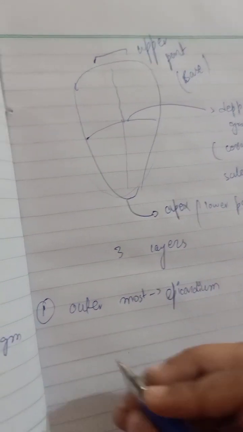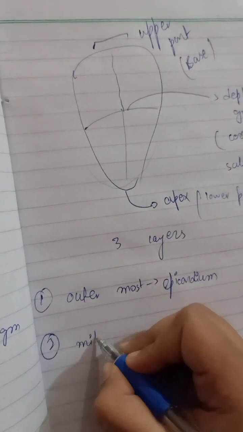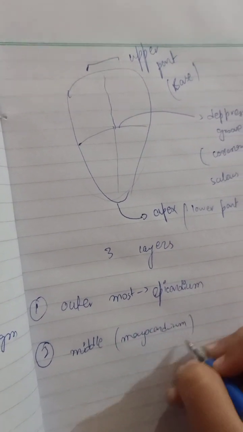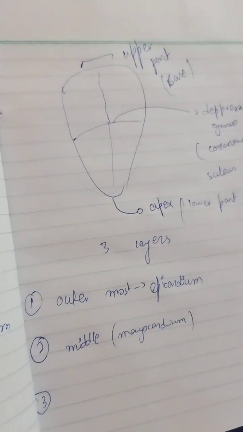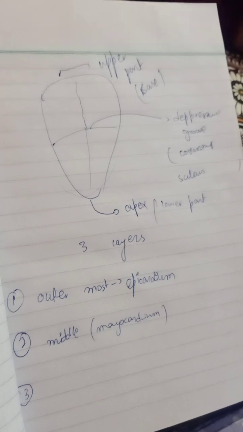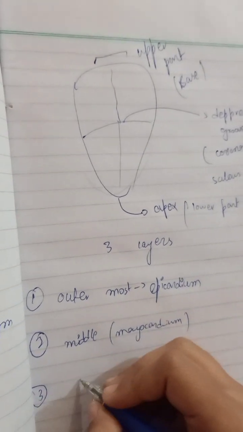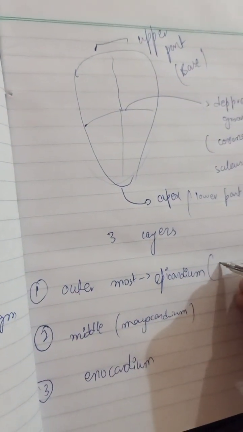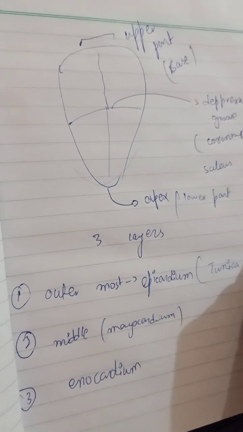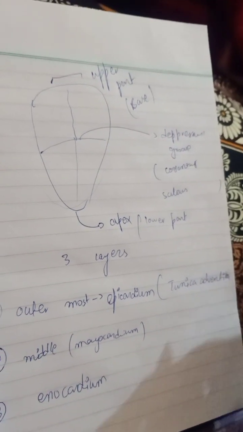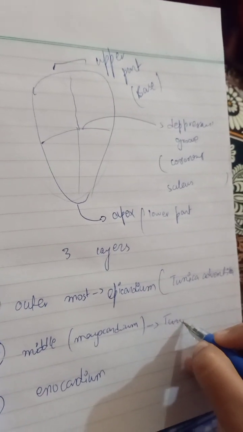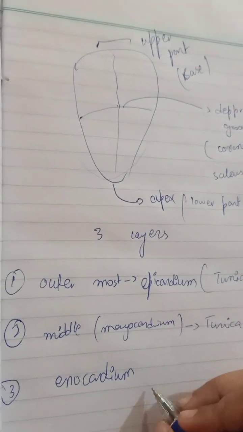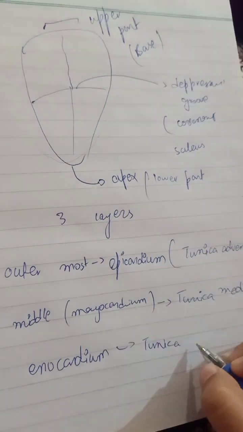The second, middle layer is the myocardium, and the third, inner layer is the endocardium. The epicardium is also called the tunica adventitia, the myocardium is called the tunica media, and the endocardium is called the tunica intima.